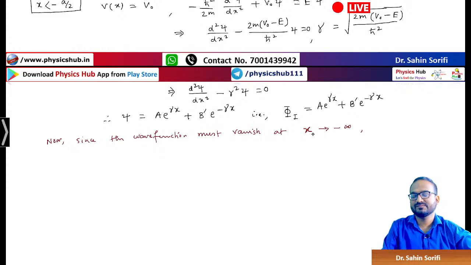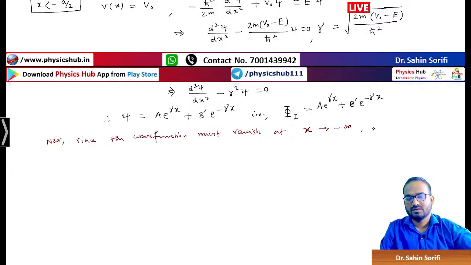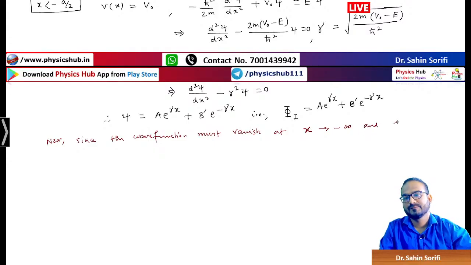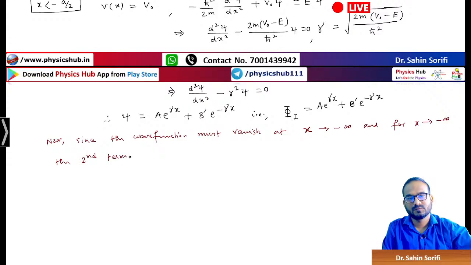Since the wave function must vanish at x equals to infinity, and for x tends to minus infinity the second term of phi 1 blows up, hence b prime is equal to 0.